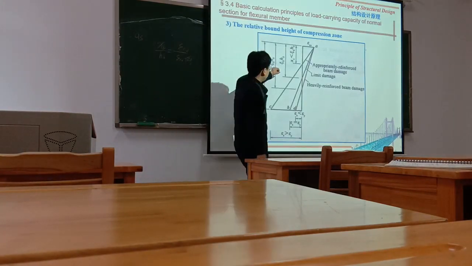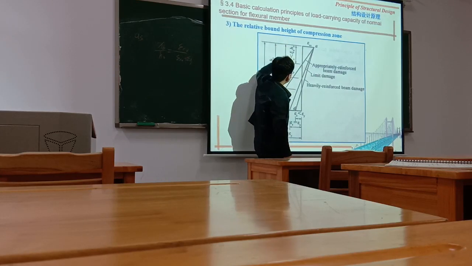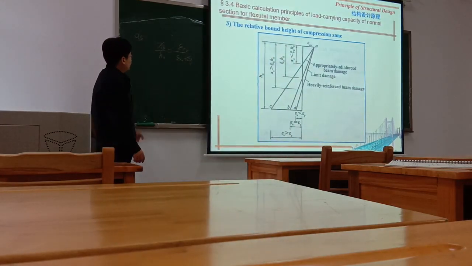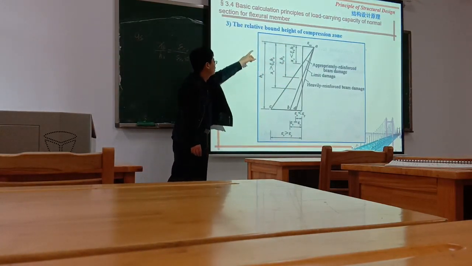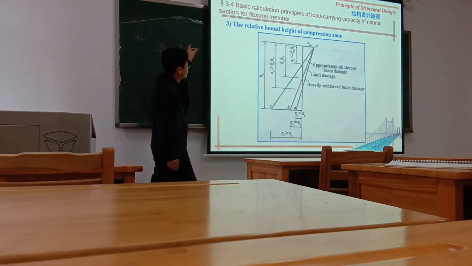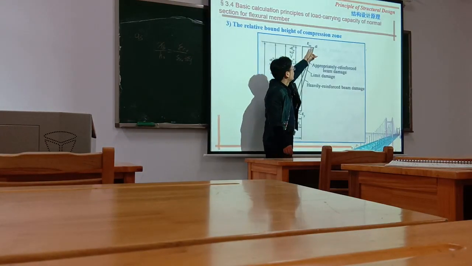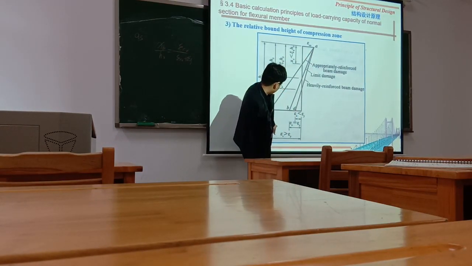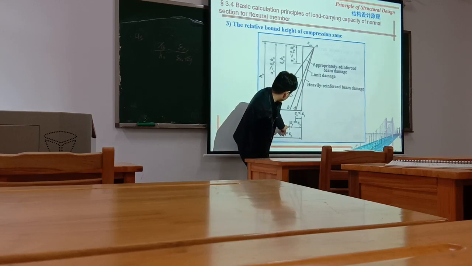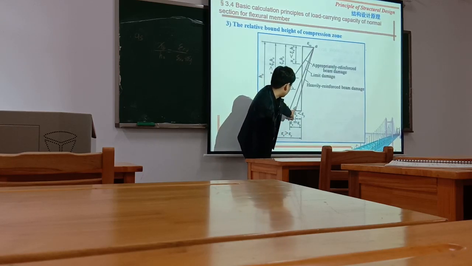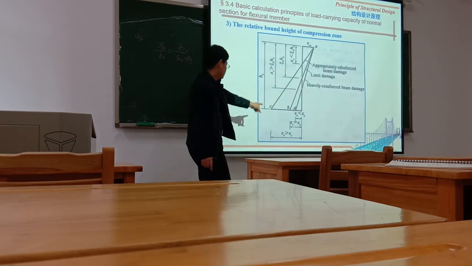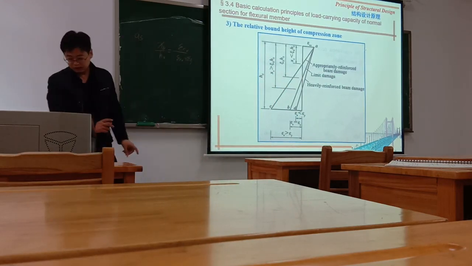xb, this part, equals xb. xb equals the depth where the strain is 0. And h0 is this. Epsilon cu is here, and epsilon y is this one, from B to the end.